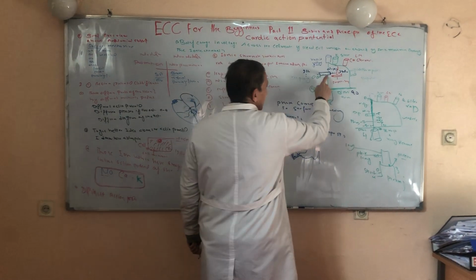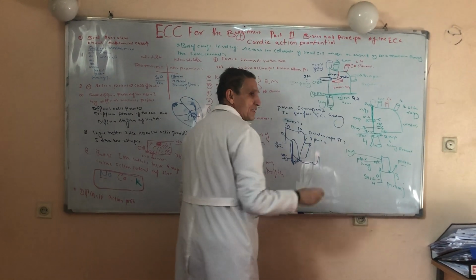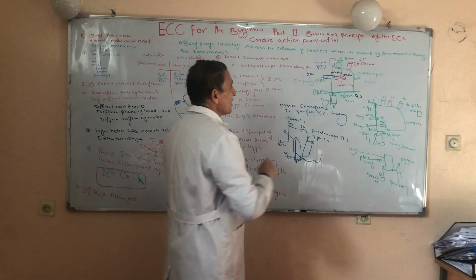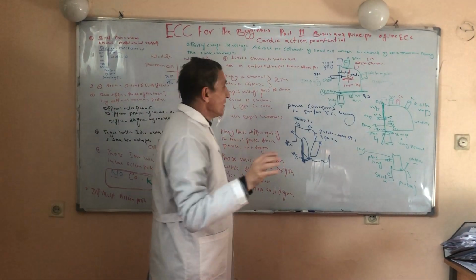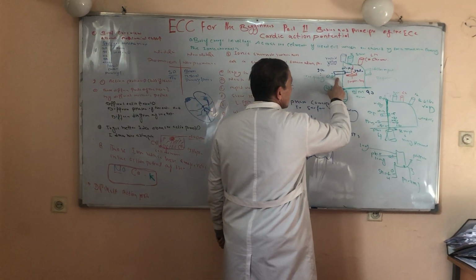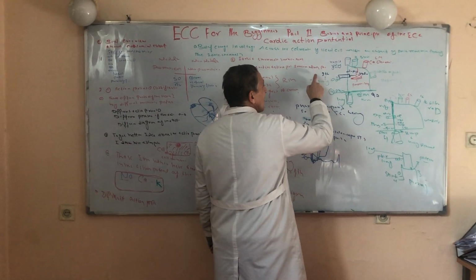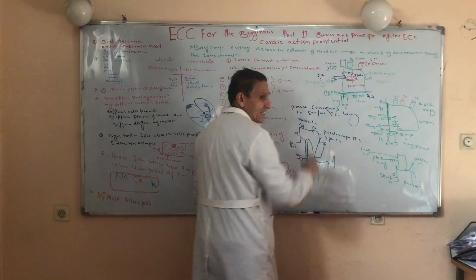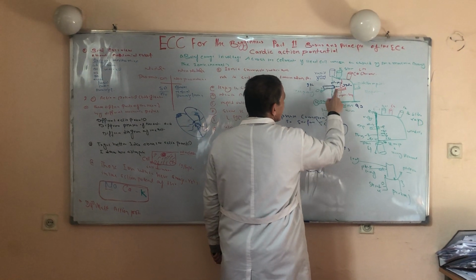As a result of the action of the sodium potassium ATPase, 2 things are produced. Remember, this sodium potassium ATPase is present in all cells of the body, but it produces 2 things. Number 1, a concentration gradient between the outside of the cell and the inside of the cell.